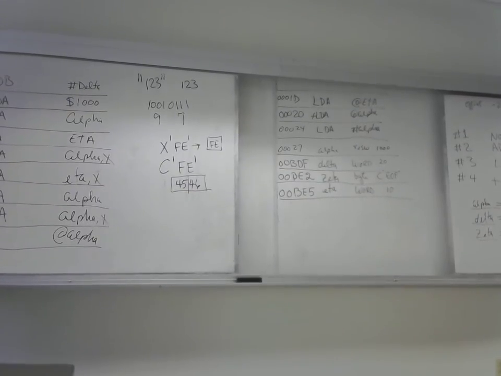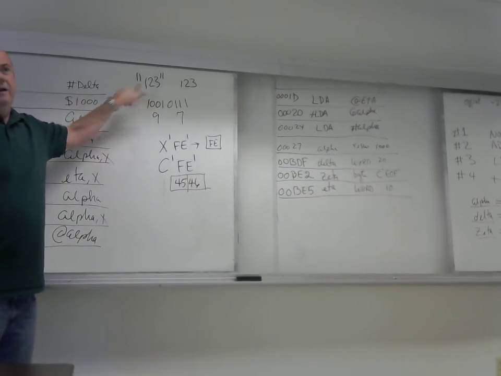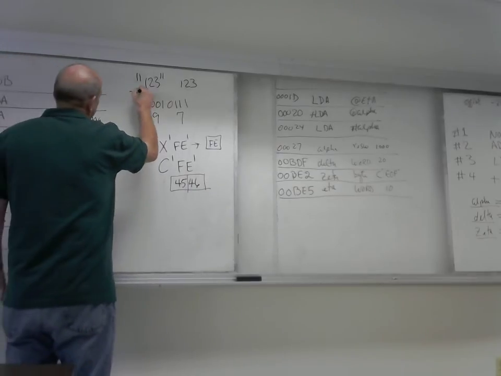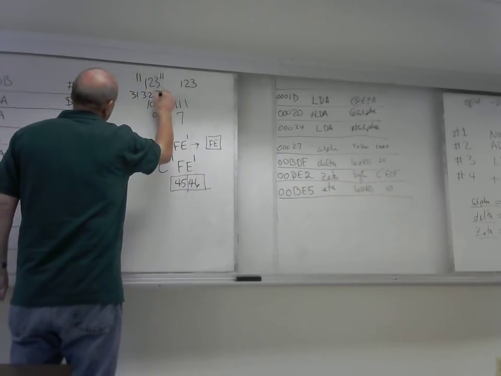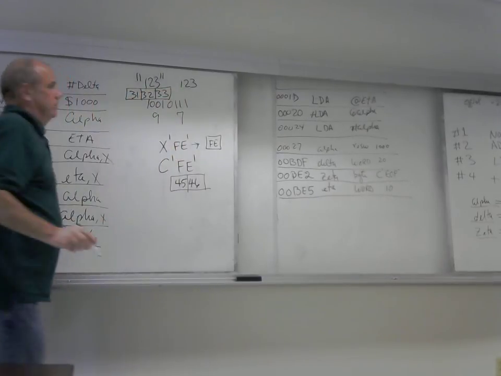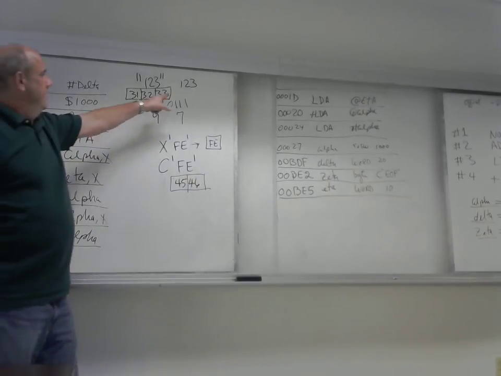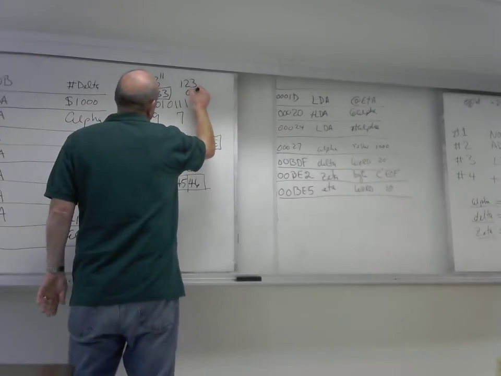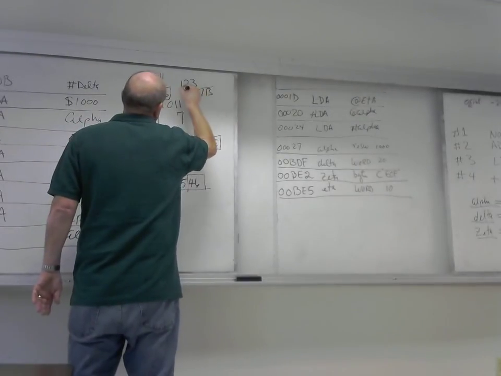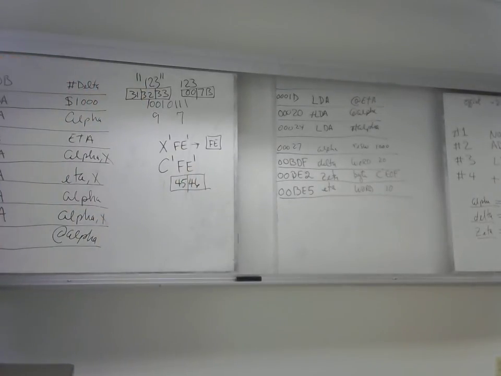How many bytes does it take for this? 3. What's it look like? There's 1, 30. Those are the ASCII characters. 31, 32, 33. It's not an integer. Yes, an integer. This is 7B. 7 times 16 plus 11 is 123. So it's really pretty easy.